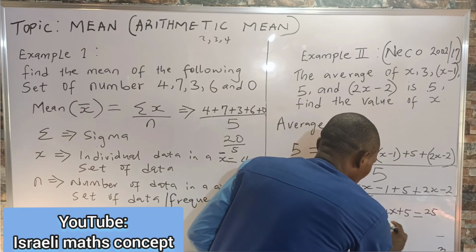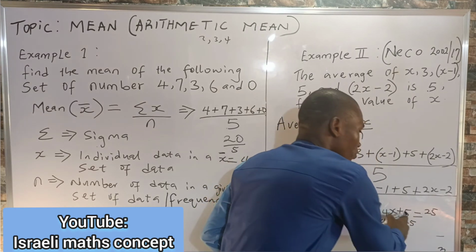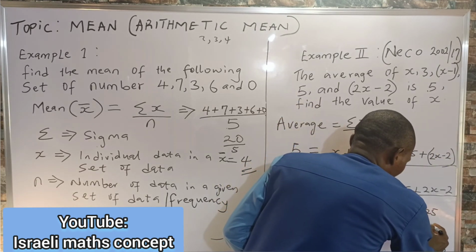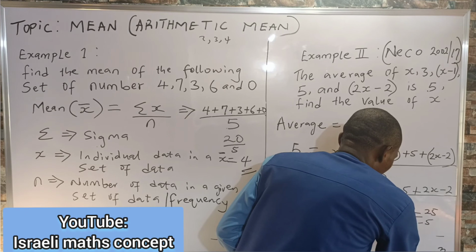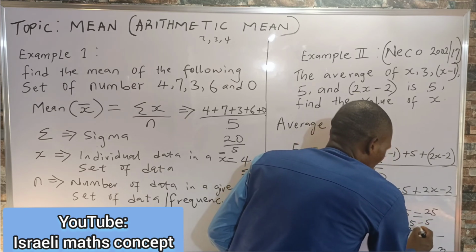We then have that 4x is equal to 25. Then positive 5 crossing over to the right-hand side of the equation changes to negative 5. Then we have that 4x is equal to 25 minus 5, which gives us 20.